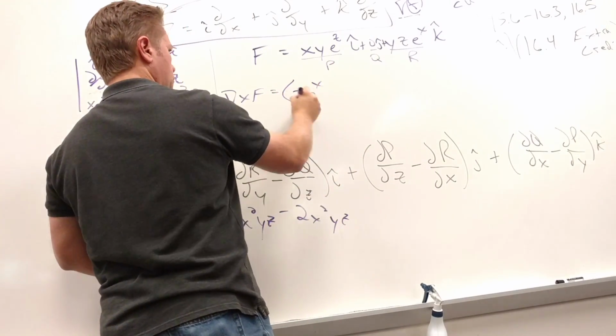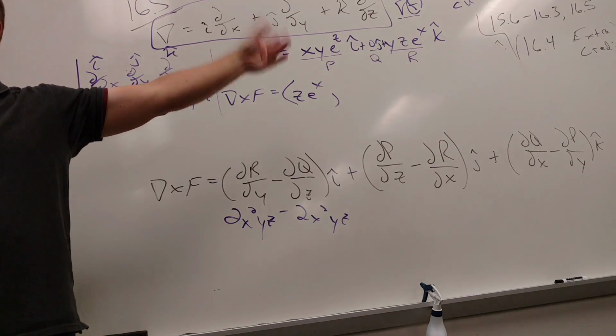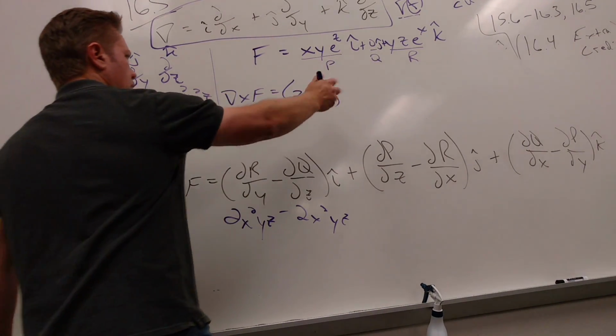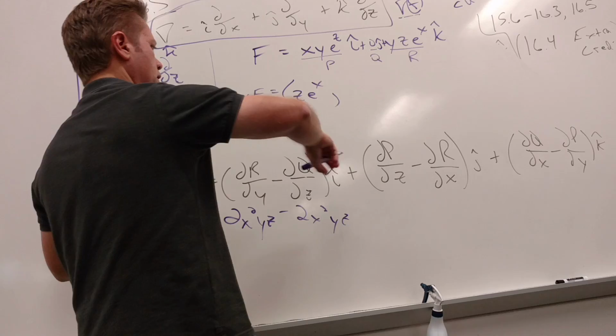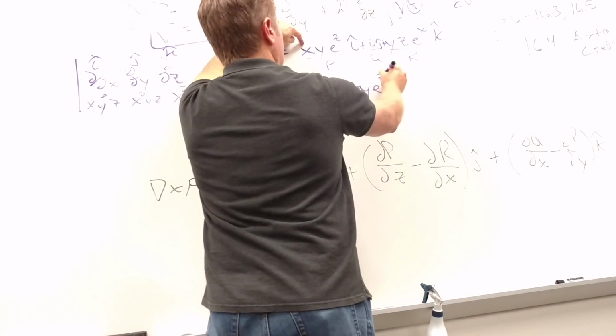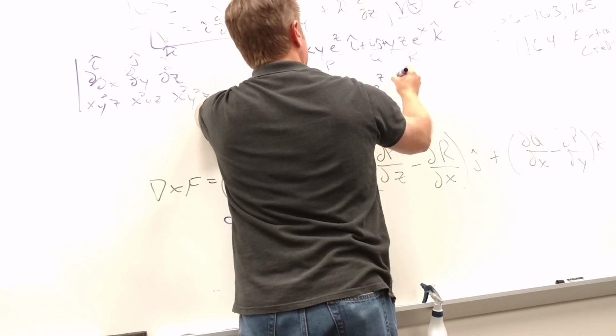If you prefer to write it like that, it's totally fine. I mean, the i hat, j hat, and all that is just a different way to write the components of a vector, right? I kind of prefer this way, so fair enough. dP/dz is going to be x y e to the z. dR/dx is going to be y z e to the x.